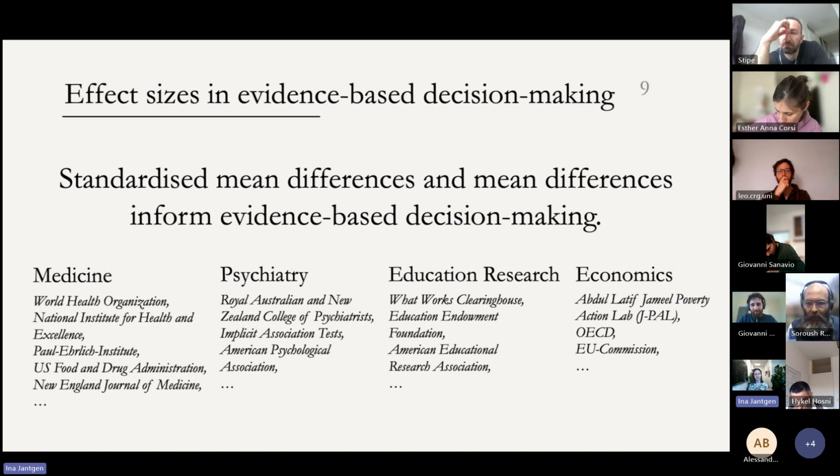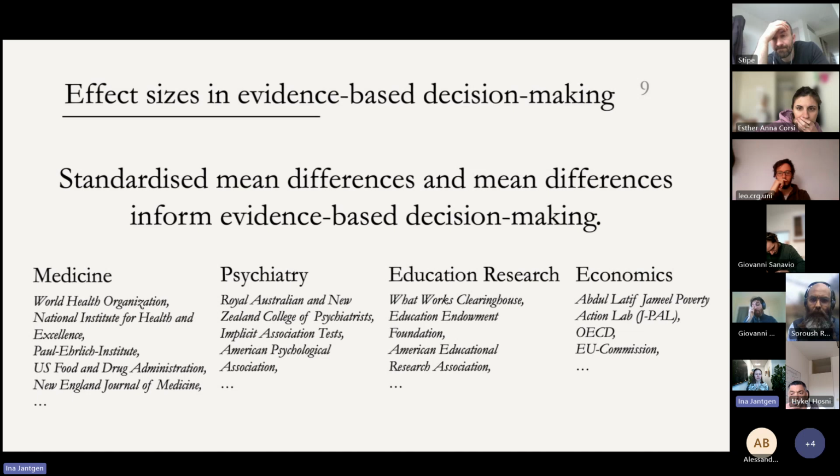So for instance, in the UK, the National Institute for Health and Excellence writes clinical guidelines to guide clinical practice, and these guidelines heavily rely on these effect sizes, the standardized mean difference and the mean difference. And it's also the case that in these contexts, there are major public institutions which rely on these effect sizes to make public decisions.